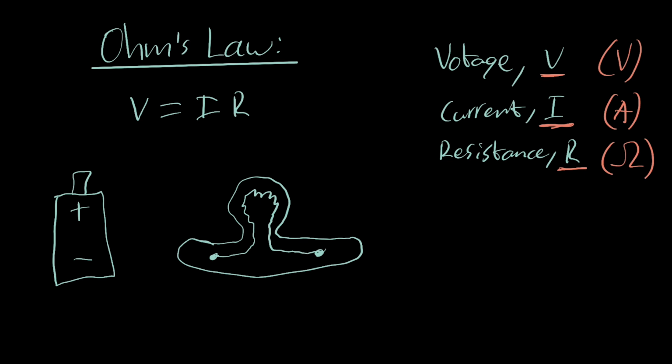Okay, so let me just draw a water tank on the side here. So battery is the same as the water tank, and then we need a pipe to connect the light bulb to the battery. Now, the positive side of the battery is kind of like the bottom of the water tank.